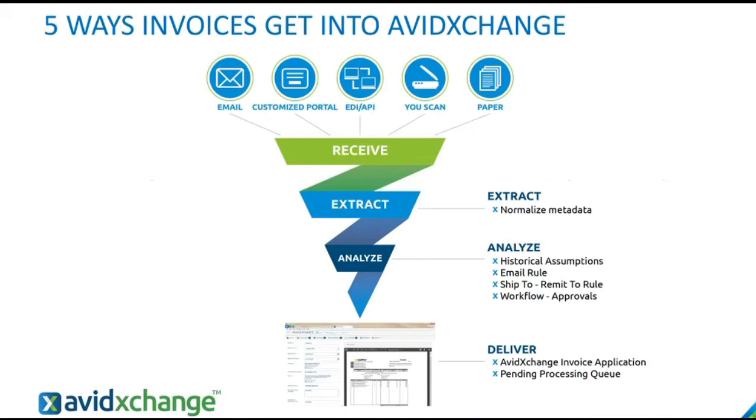AvidXchange will then extract the header level data, and by header level I mean the vendor, the invoice number, amount, location, etc. And then submit that to AvidInvoice, which will kickstart an approval on that invoice. So based on predetermined logic and rules and routing and conditions, that invoice is going to know exactly where to go and who needs to receive that step 1 to approve it.